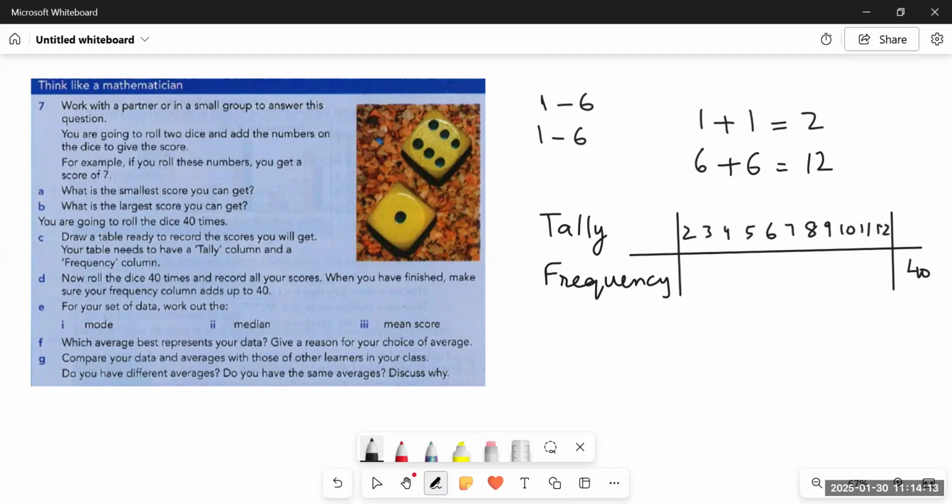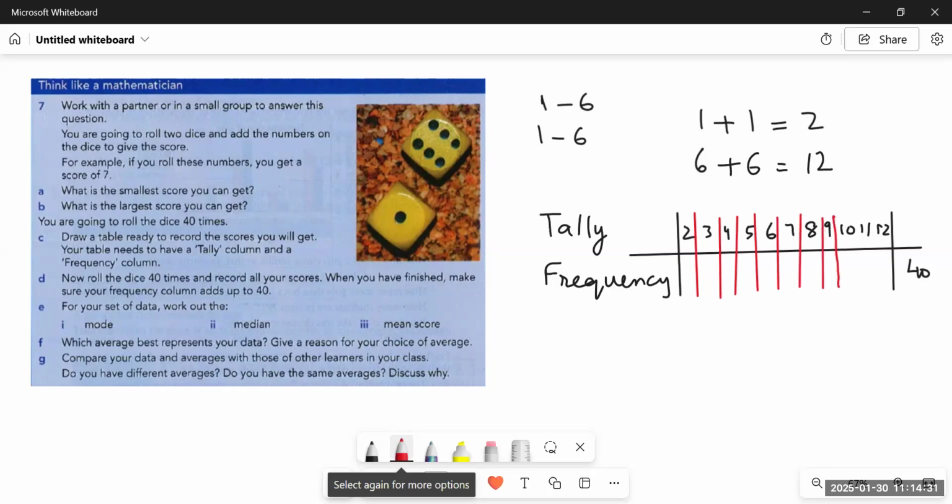Okay, so it means there would be a total of how many columns? 11. 1, 2, 3, 4, 5, 6, 7, 8, 9, 10, and 11. It means there would be 11 different values from 2 till 12. And in the frequency column, what are we going to write?